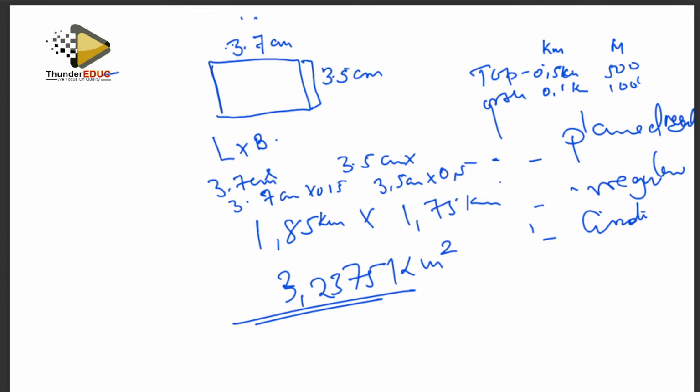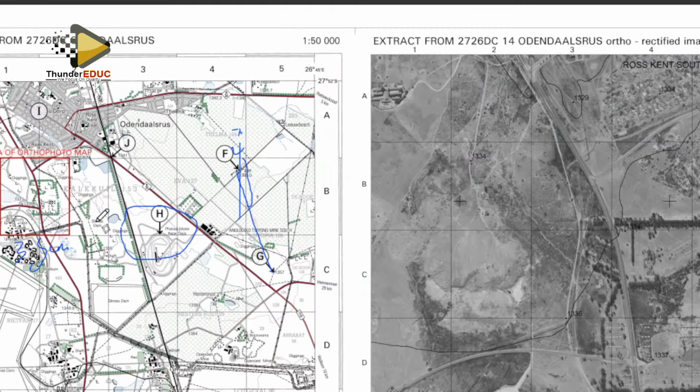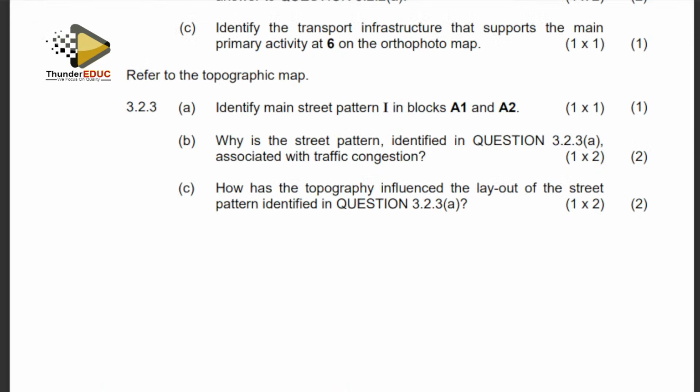And then when you check here, if you look at the kind of diagram that I gave you in your books, you will see that this one looks like bricks, like grid. So the answer that you're going to have down here is the grid street pattern. Okay. I hope we are clear there. Grid. So the answer we are going to have, I has got grid or gradient street pattern. Are we together then? All right. Then you got the next question.